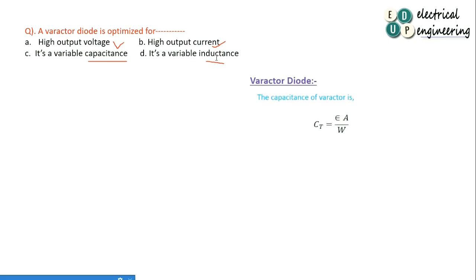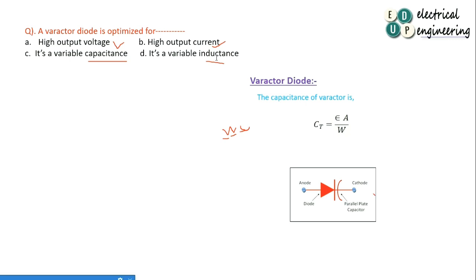Now know about the varactor diode. A varactor diode is a simple diode whose capacitance varies with the variation of reverse bias voltage, and it is also known as VVC, V for voltage, V for variable, C for capacitance, and it is also known as varicap. It is symbolized like this.